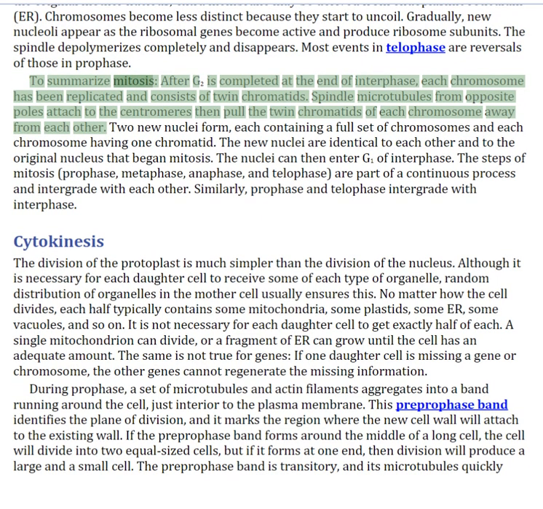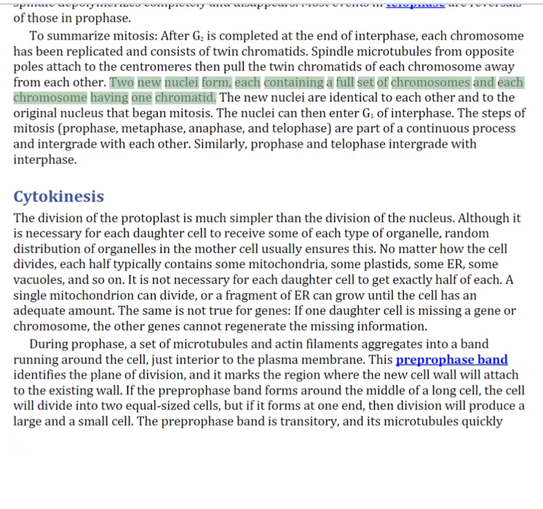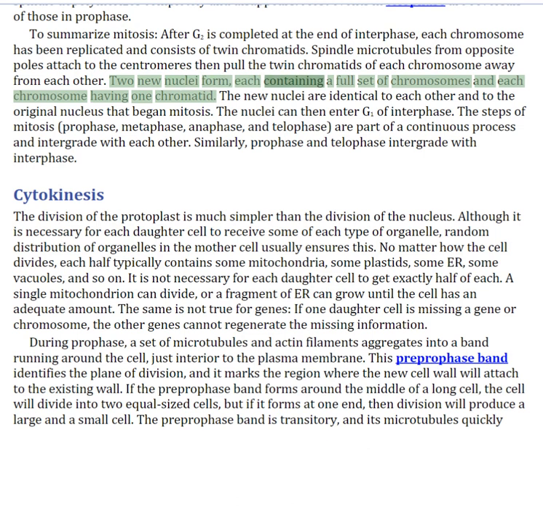To summarize mitosis, after G2 is completed at the end of interphase, each chromosome has been replicated and consists of twin chromatids. Spindle microtubules from opposite poles attached to the centromeres then pull the twin chromatids of each chromosome away from each other. Two new nuclei form, each containing a full set of chromosomes and each chromosome having one chromatid.